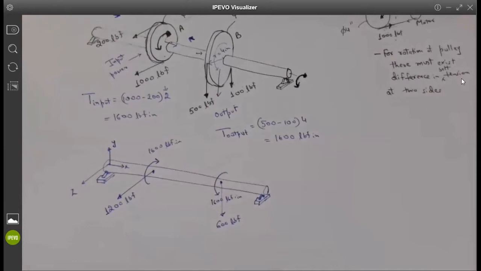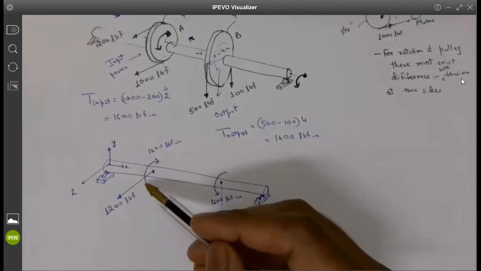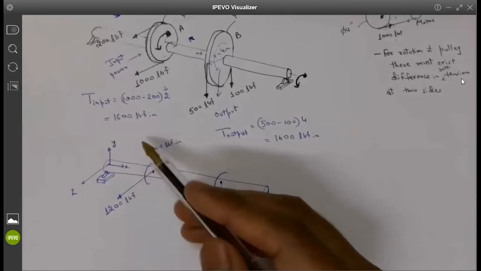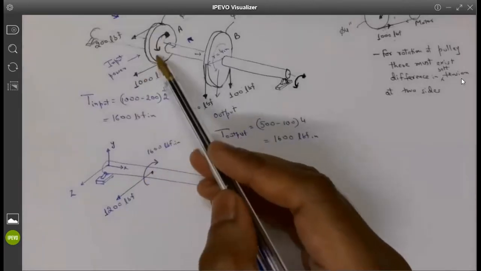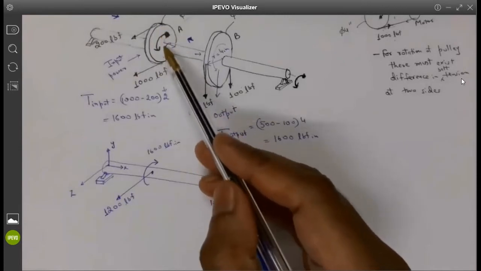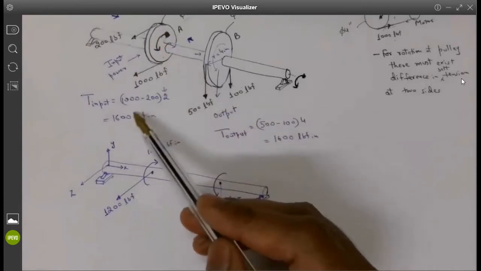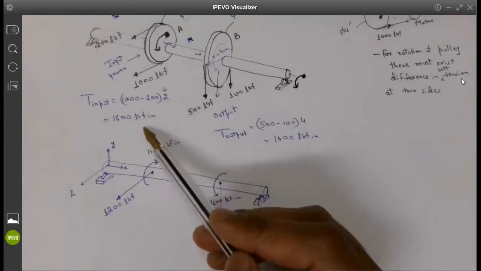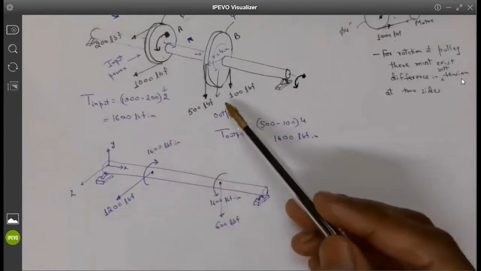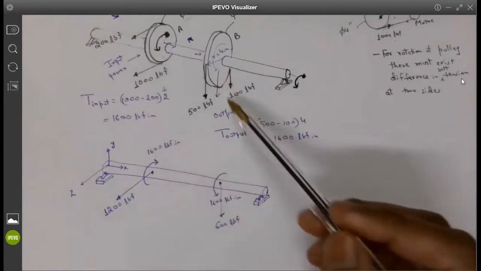You're just doing not torque, right? Just forces. Yeah, so I am representing the forces and the twisting moment. Because of the belt tension acting at the specific radius, the difference in the tension times the radius will give me the torque, and similarly the difference in tension times the radius gives the torque at this end.